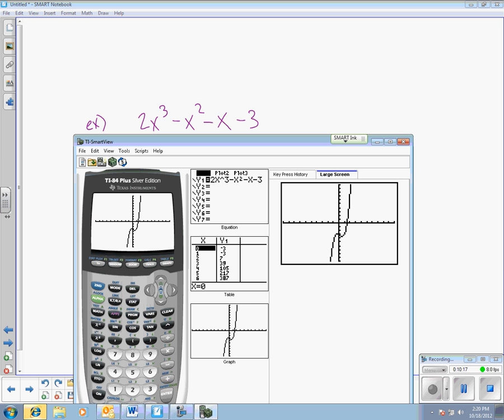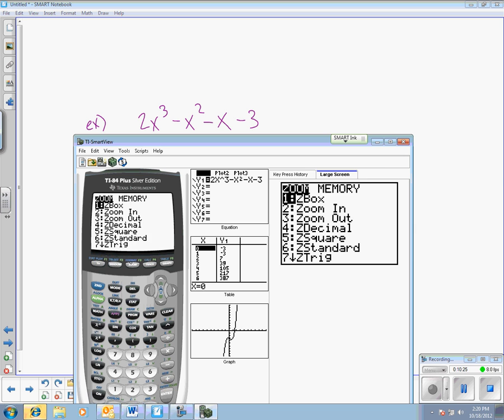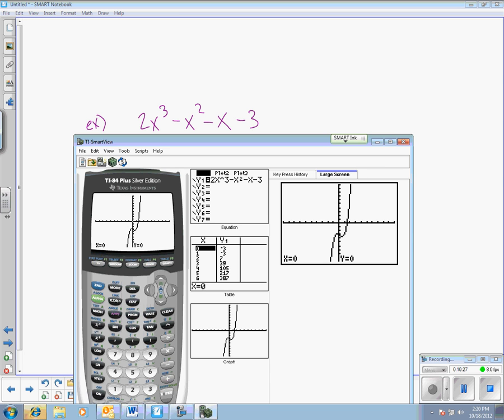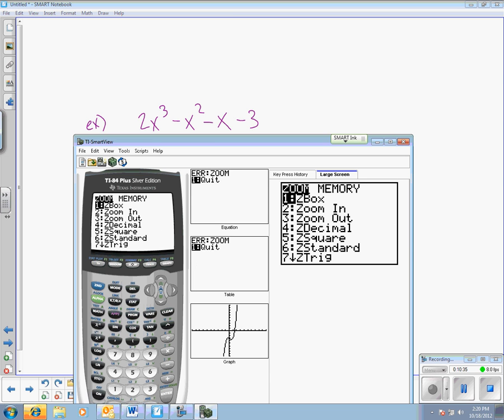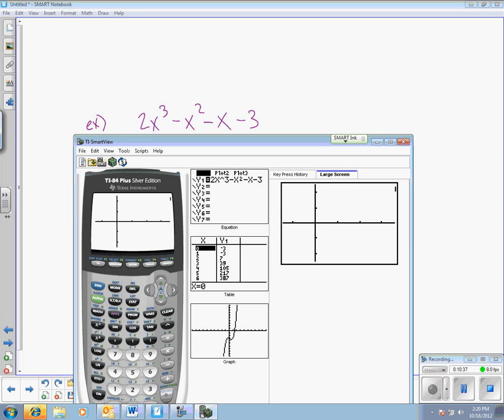Now this cubic, it comes up and it turns back down, and then we have one x-intercept. So let's see where that x-intercept is. Let me zoom in on that intercept. I am anticipating that that's at 1.5 or 3/2, but let me just make sure.